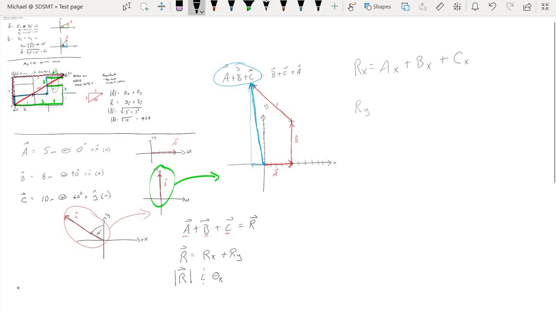Likewise, the y component of the resultant vector is the result of combining the y components of the three vectors. And so if I can find the x and y components of these three vectors, I can very easily add those together and find the components of vector R. And in fact, that's the first thing that we're tasked with doing, is finding those components. And once we have the components, we can very easily find the magnitude and the angle.